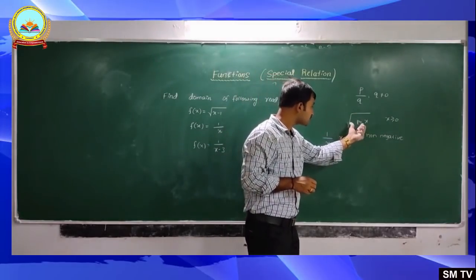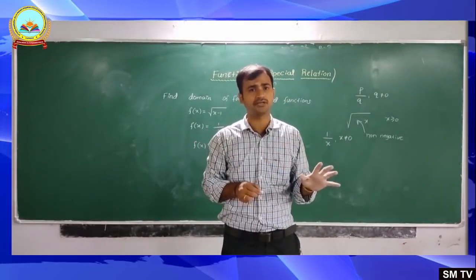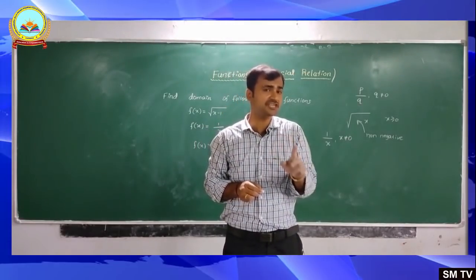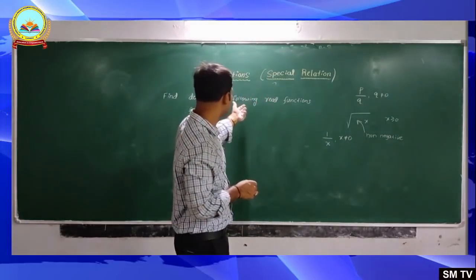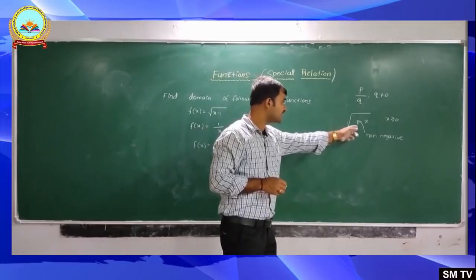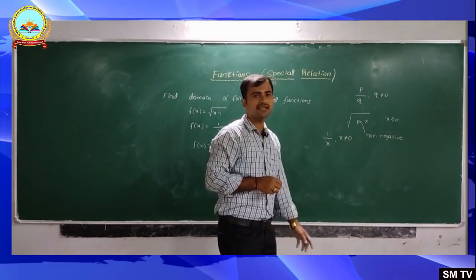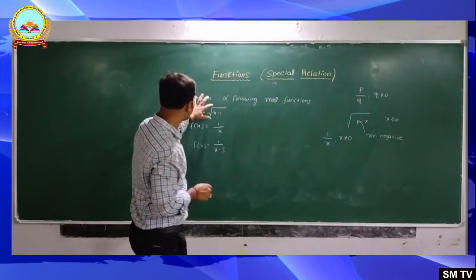Similarly, if we have a negative number inside a square root, it is not a real number. Therefore, these two are major concepts for finding domain and range also. If you have a square root function, inside it must be non-negative. If you have a denominator term, it should not be 0. Therefore, what is the domain of this function?